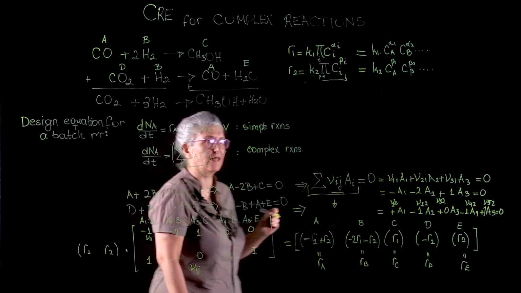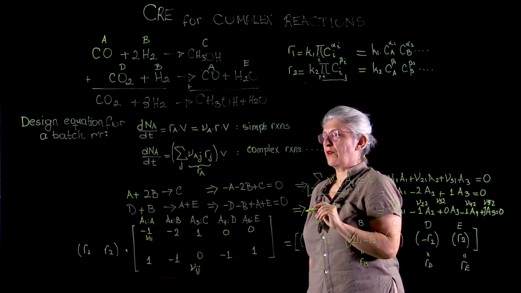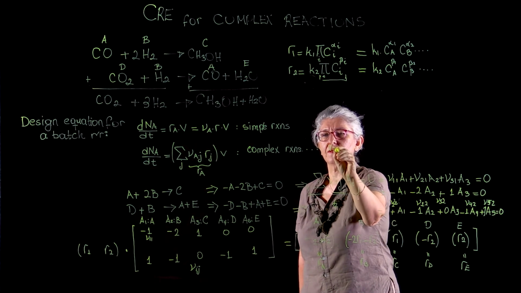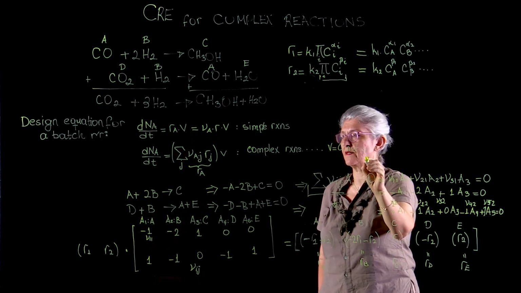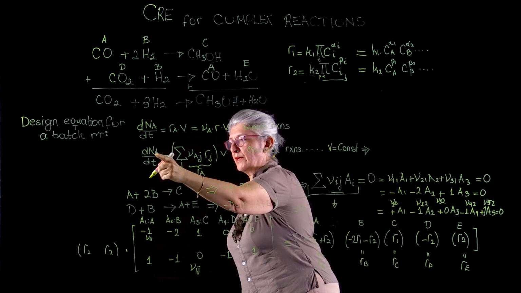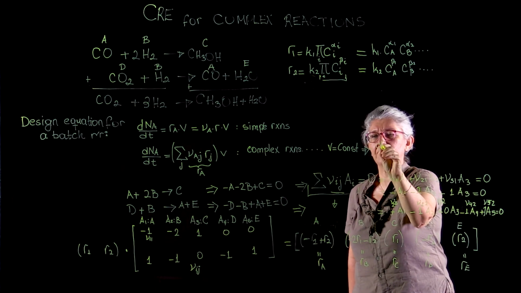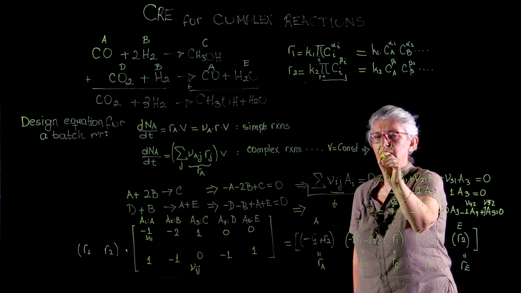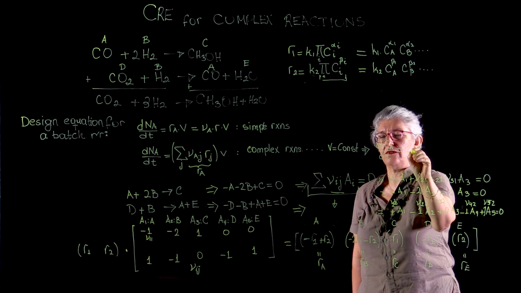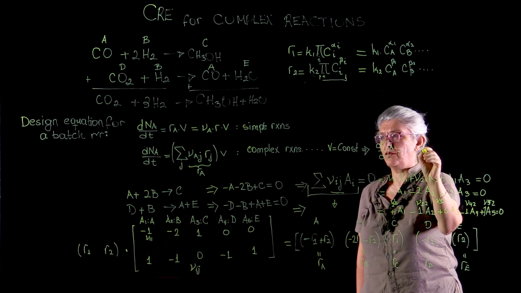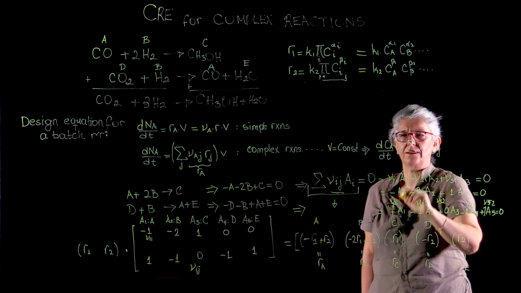Now let's take this term and treat it for a constant volume reactor. Remember, when the volume was constant, we were able to bring it into the derivative to write dC_A over dt equal to the summation of nu_AJ times R_J.